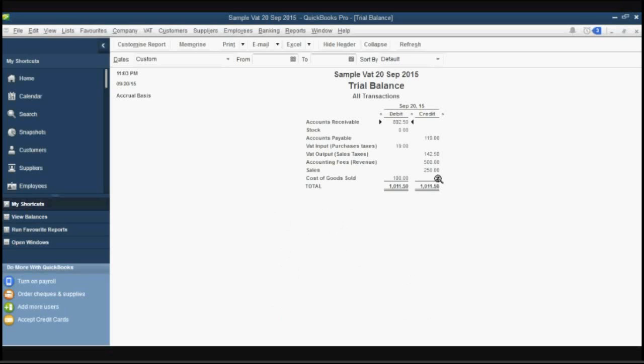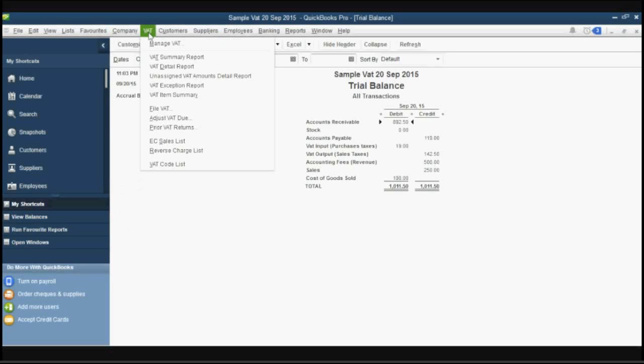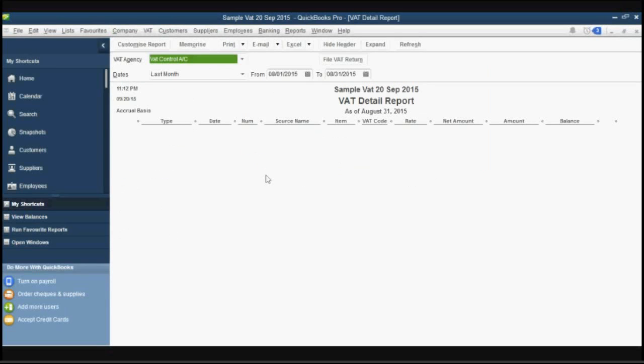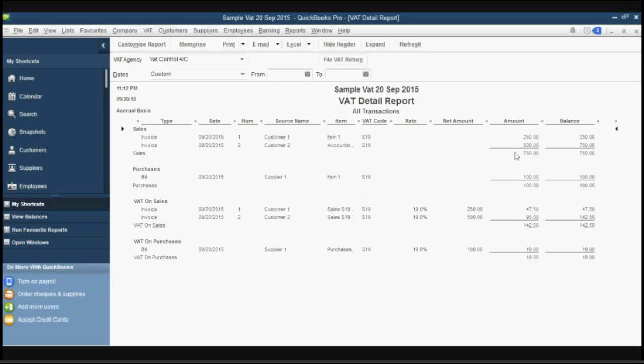Okay, let's see the situation before filing VAT, and next we will see the difference, what will be changed here. So the VAT detail report. Let's see our details here. This is our details. Okay, now let's file the VAT return.